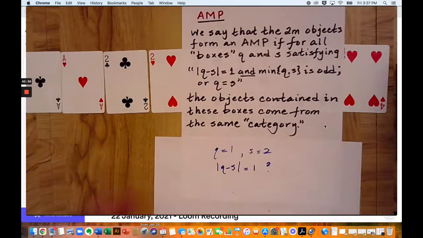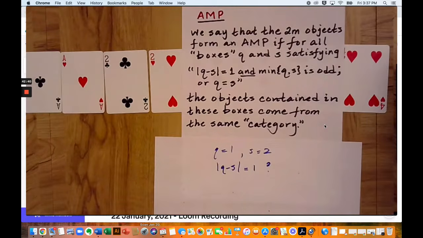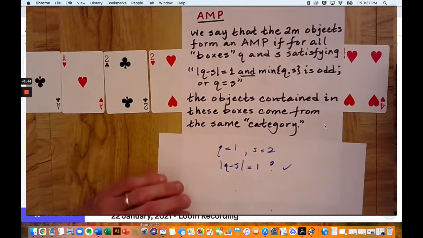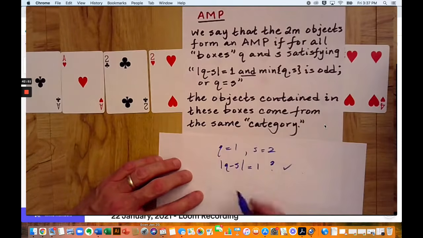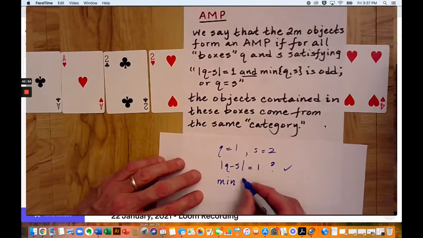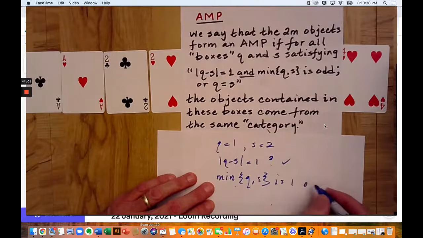Well, it is. 1 minus 2 is negative 1, and the absolute value of negative 1 is 1, so that's fine. So that's the first requirement in this pair right here. We also need it to be the case that the minimum of Q and S, well, it's 1. And is that odd? It is. It's an odd number.